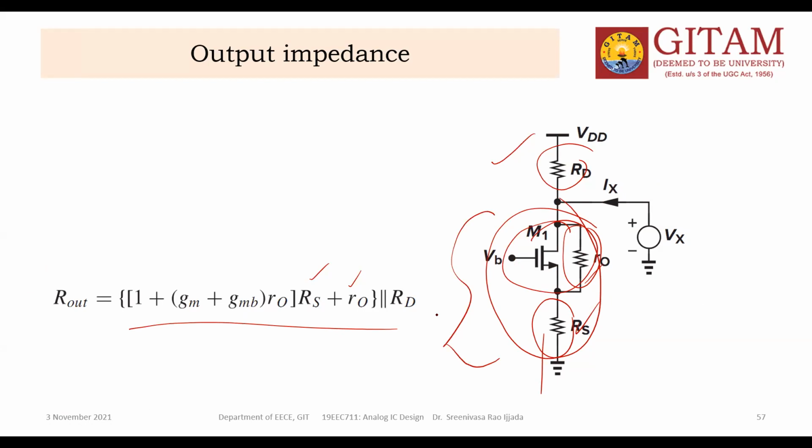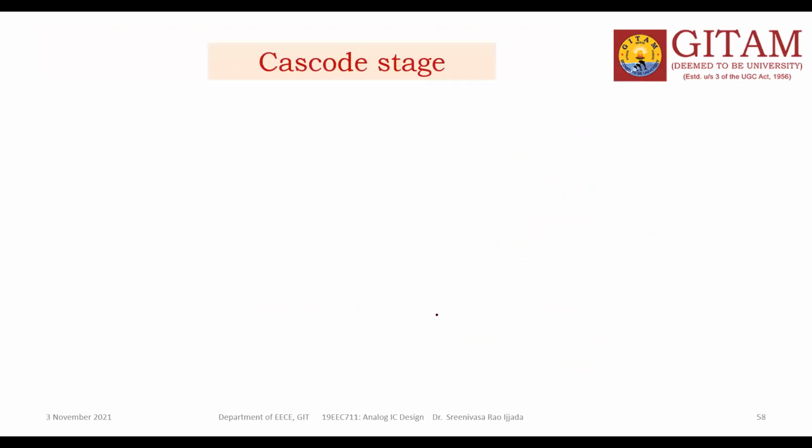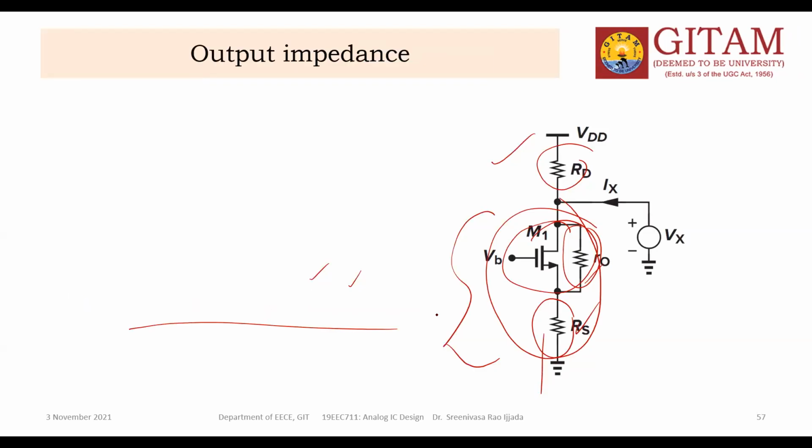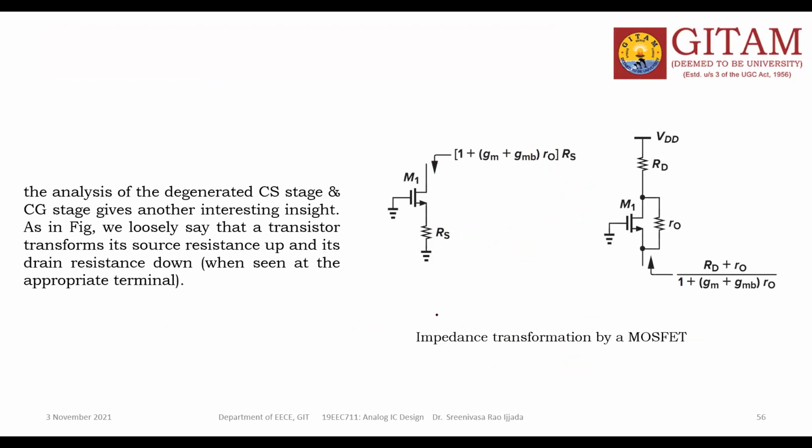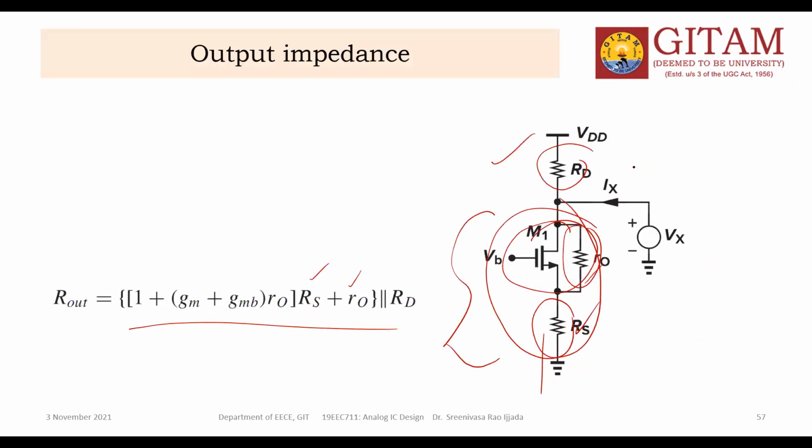So this is the same as the common source output impedance. And one more thing: this is the impedance transformation by the MOSFET. How the impedance can be transformed, that is what I am using here.